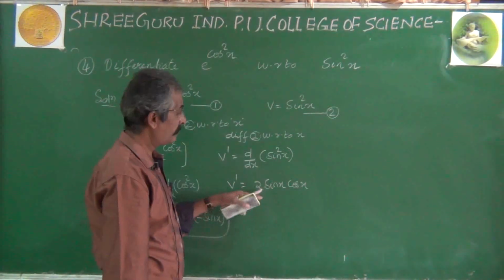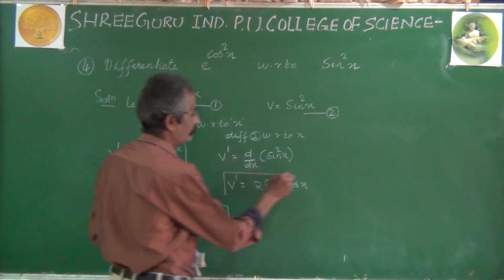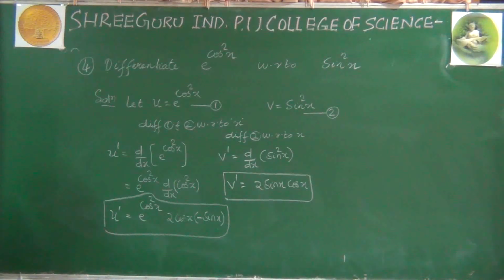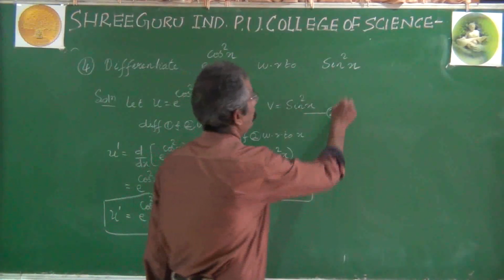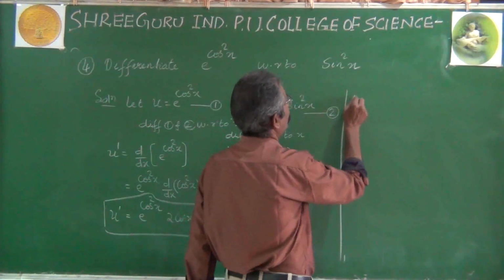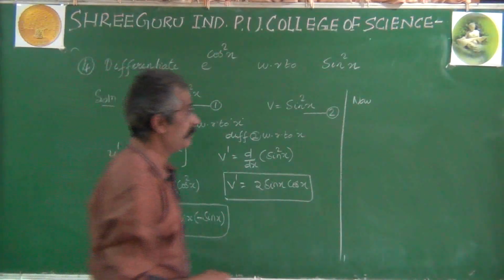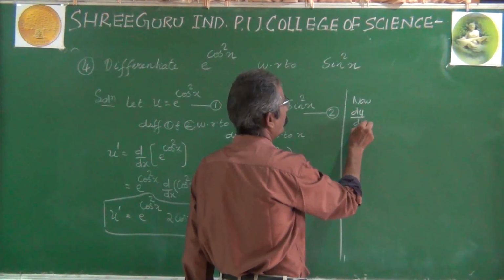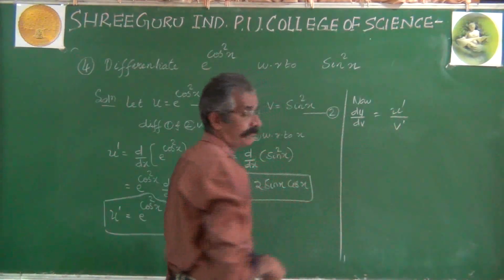If you want, this can be written as sin 2x, nothing wrong with that. Finally, we need to get u dash divided by v dash. What is required is du by dv now. Now, du by dv equals u dash divided by v dash.